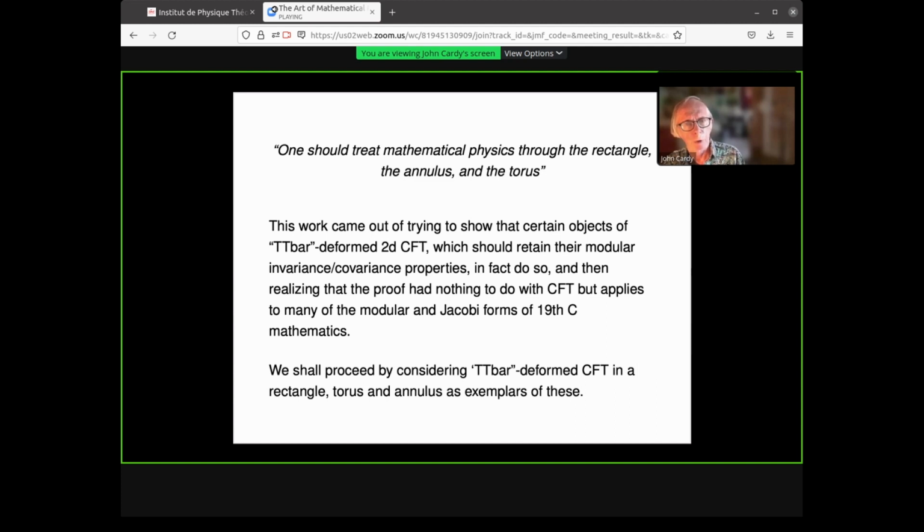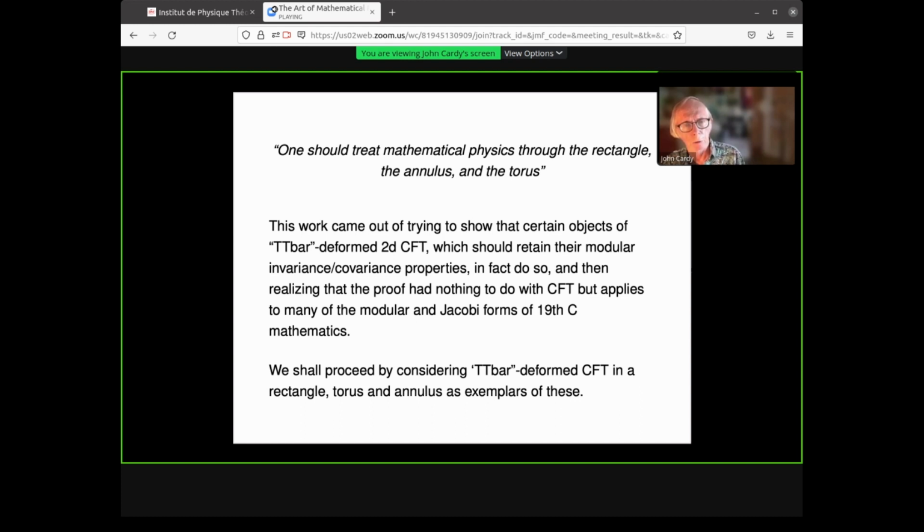So I was trying to understand this T-Tbar deformation of a 2D conformal field theory, and understand how various objects in this conformal field theory should retain their modular invariance properties.